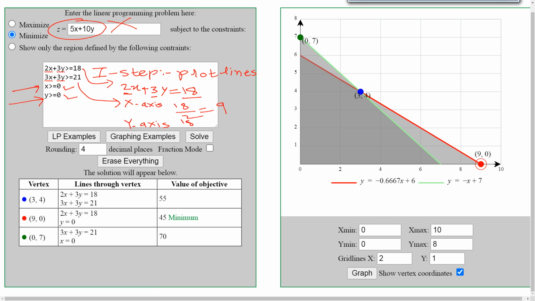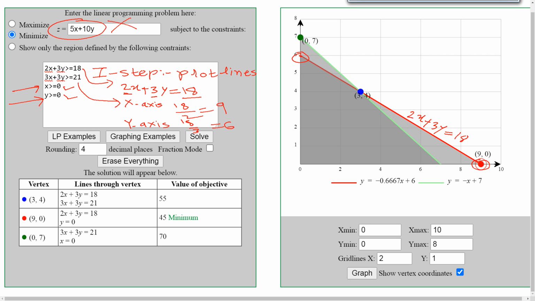So 18 upon 3, which is equal to 6. Thus we have 2 points, 9 and 6. 9 is the point on the x-axis and 6 is the point on the y-axis. We join these 2 points to get the line 2x plus 3y is equal to 18. So this is how we obtain the first line.